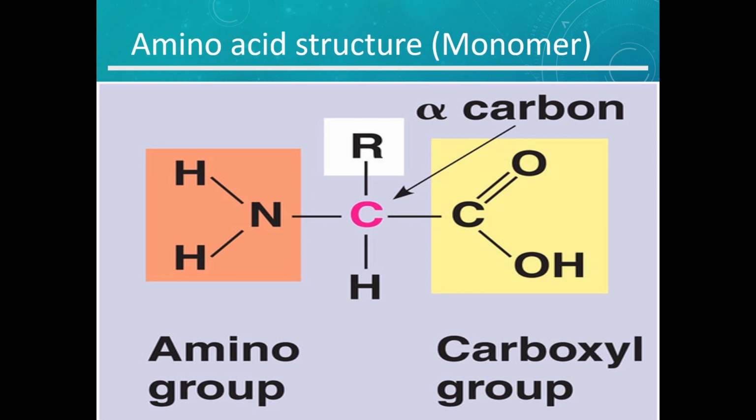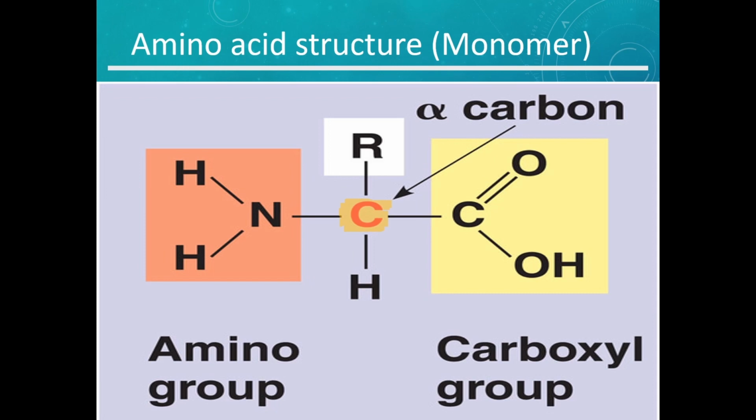Basically, this is the structure of amino acid that is made of an alpha carbon in the center of the molecule of the amino acid. And as we discussed before, it is surrounded by 4 valence electrons, so it has to have 4 covalent bonds.